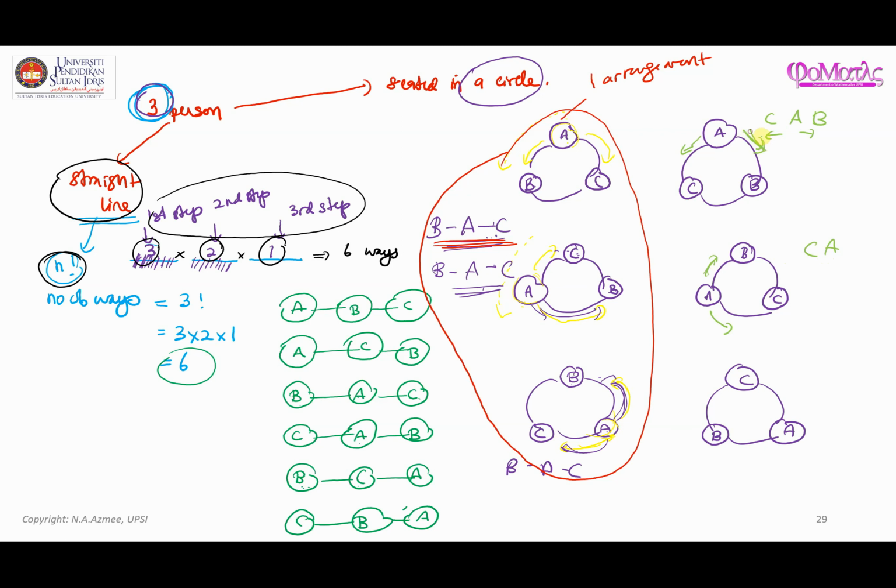Follow the arrow, so this is C, A, B. The same with this one: A is at this position, C is this one, going in this direction, and this is B. So we've got C, A, B. Therefore, the whole thing here is the same arrangement, C, A, B.